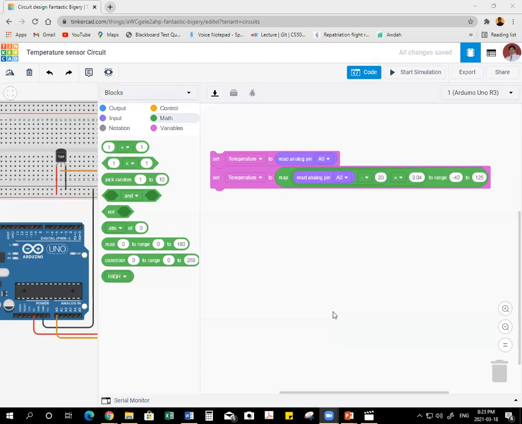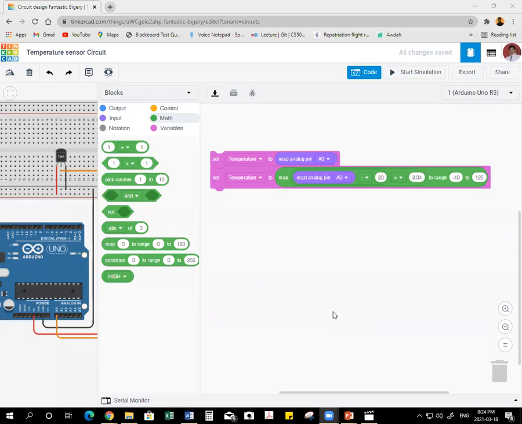It will give 359. So what the analog pins we have is the output will be in 10-bit. So it can give the output from 0 to 1023. That is total 1024. So the value it will give from 0 to 1023.